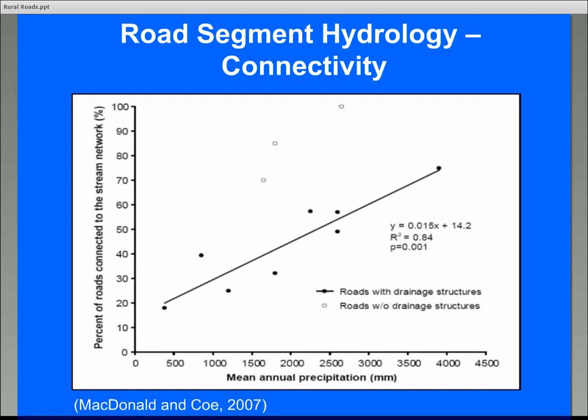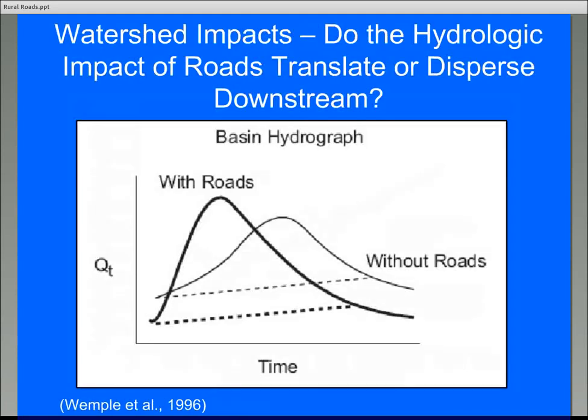Those solid dots represent roads that have engineered drainage structures in place, and the open circles represent road networks that have basically no drainage. Also stream density matters, because that controls the number of stream crossings, and stream crossings are where you typically get the highest degree of connectivity.